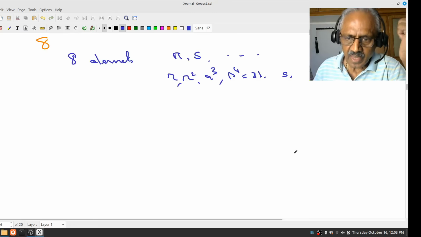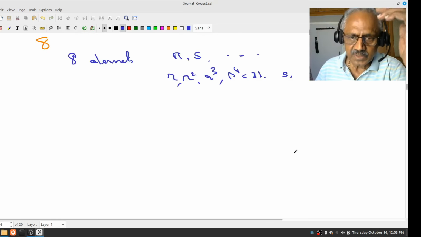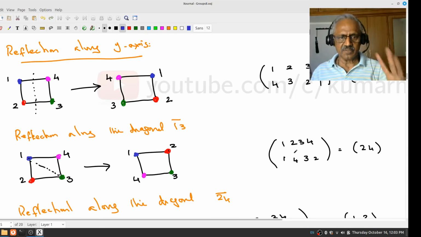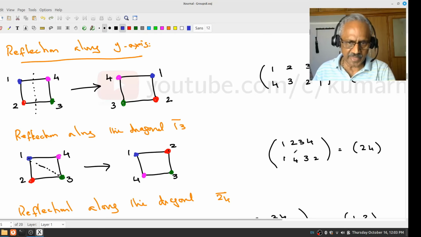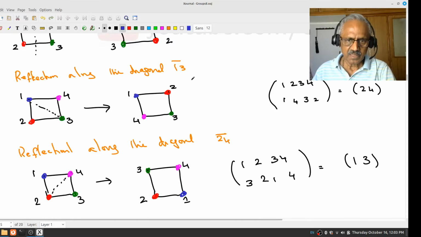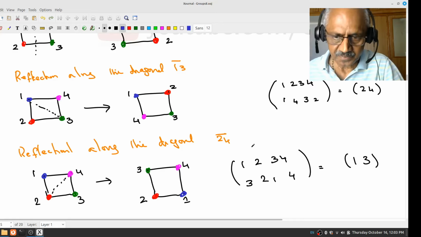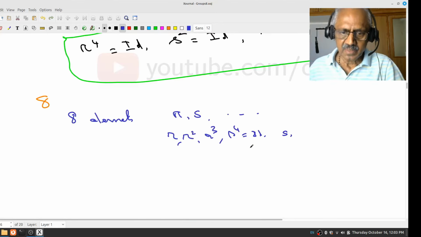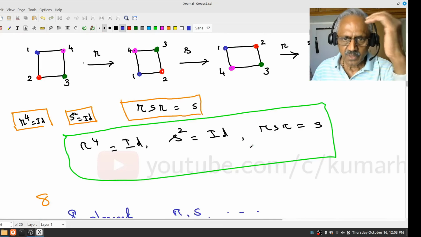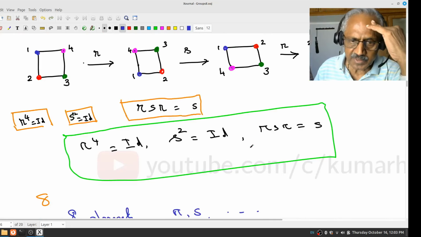The other 4 are reflections: this is the reflection about the y-axis, a reflection along the diagonal 1, 3, and the reflection along the diagonal 2, 4. I am going to say we can get everything from here. Are you following?